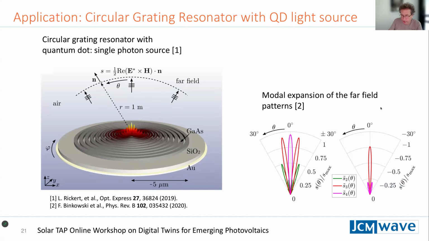So typically you want to reach such a setting as here on the right-hand side, where a single mode is responsible for the radiation into only a very small opening.